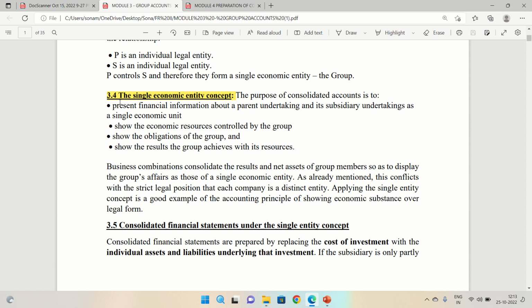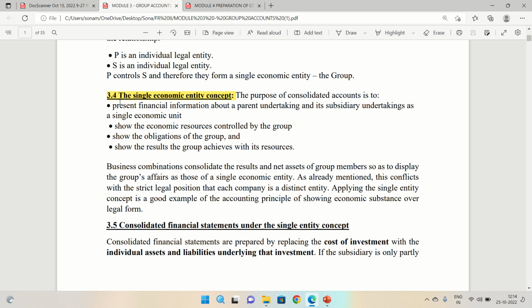As you know, every company prepares different financial statements, for example, a statement of financial position, statement of profit and loss, statement of cash flow, etc. Okay, so when we talk about consolidated financial statement, it is the consolidation of two entities into one economic unit, or the statement of that particular group.